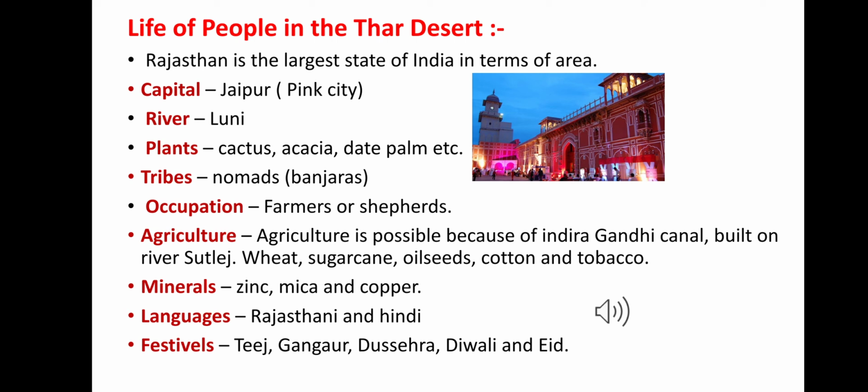Due to this shortage of water, only a few plants grow there, like cactus, acacia, date plum. But after the construction of the Indira Gandhi Canal, agriculture is possible here. So some agricultural crops are grown there, like wheat, sugarcane, oilseed, tobacco, etc. Here you can also see some mineral deposits, like zinc, mica, copper.